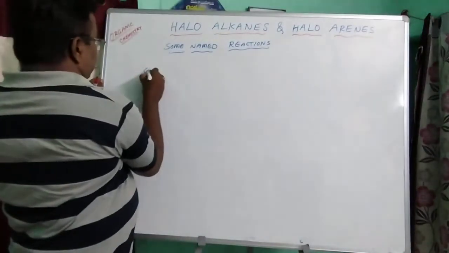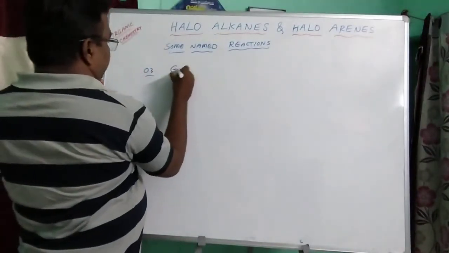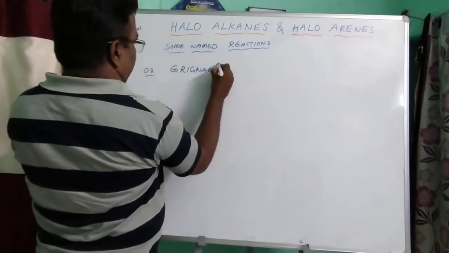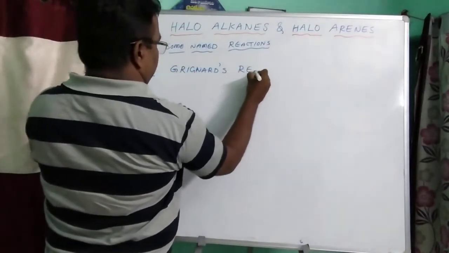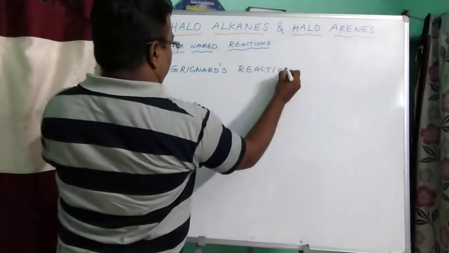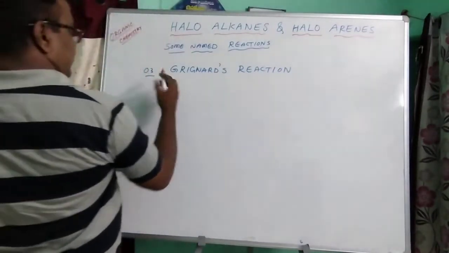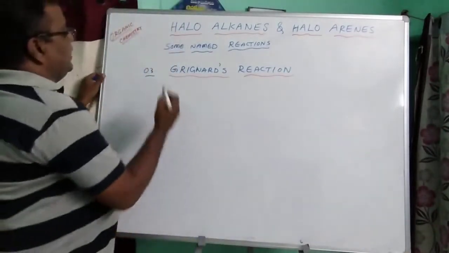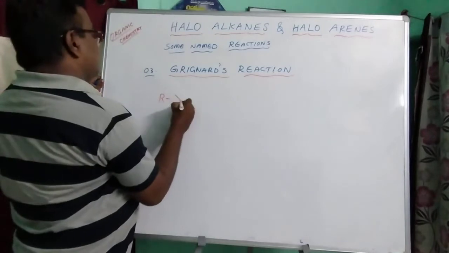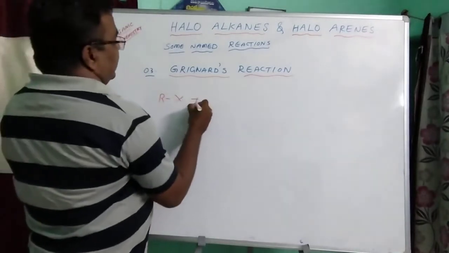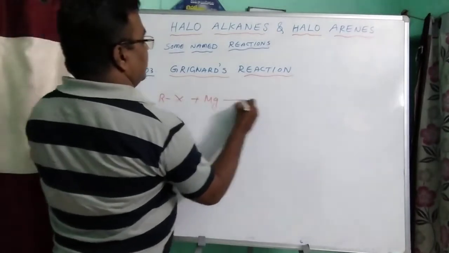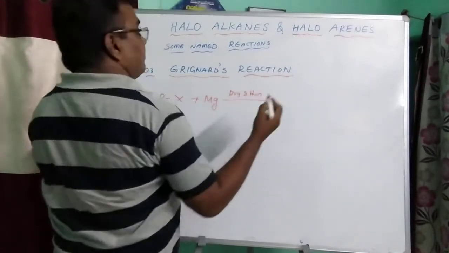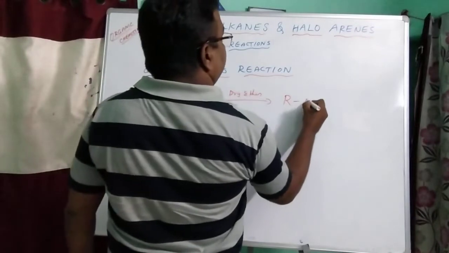So the third reaction is Grignard reaction. So what is Grignard reaction? When alkyl halide, that is R-X, reacts with magnesium metal in presence of dry ether, it gives alkyl magnesium halide.